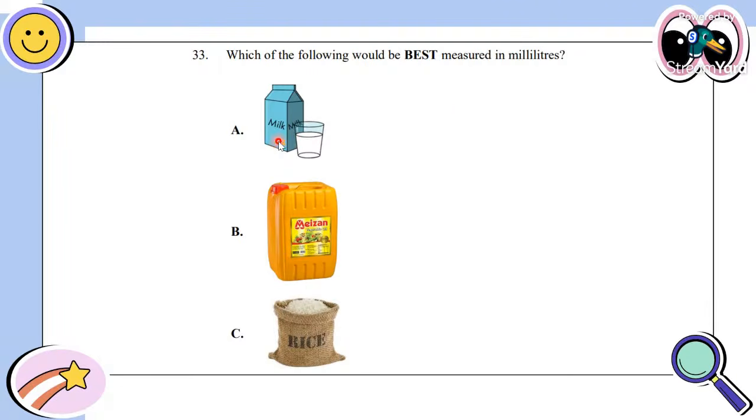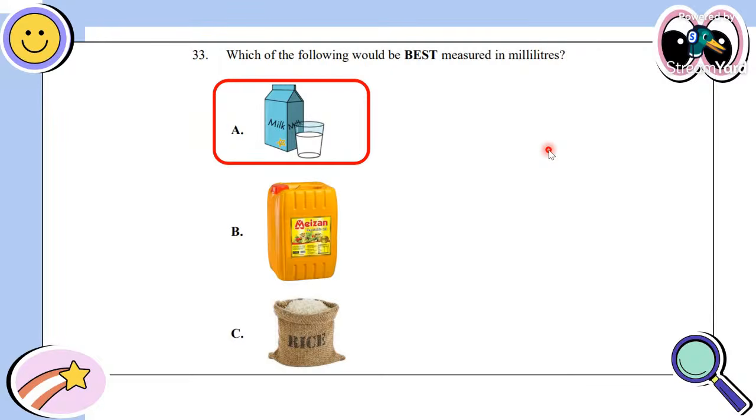Now, we measure this big bottle of oil also in liters. We could use milliliters as well, but it says best measured. And so if you said milk, which is a small amount of liquid, then you are correct. Good job. So you use milliliters to measure a small amount of liquid.